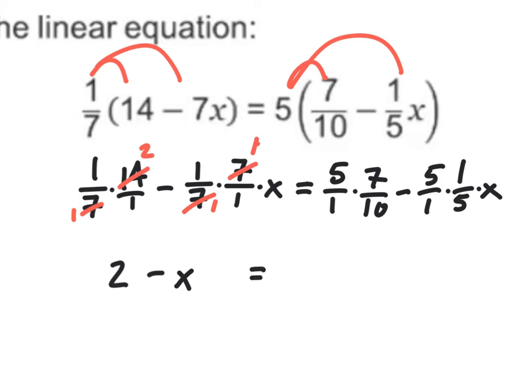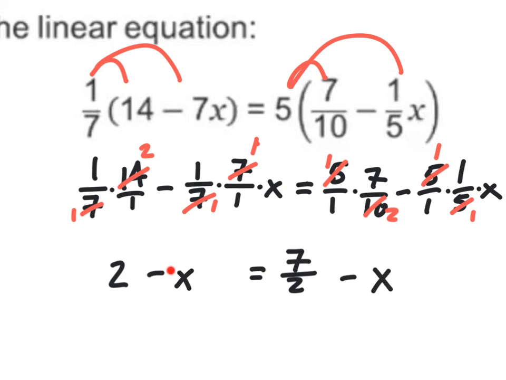And then this is equal to, I can divide out the 5 and the 10 into 1 divided by 2. So that really just leaves me with 7 halves. And then I've got 5 divided by 5, which divides out to 1 over 1, so you're just left with a minus x.